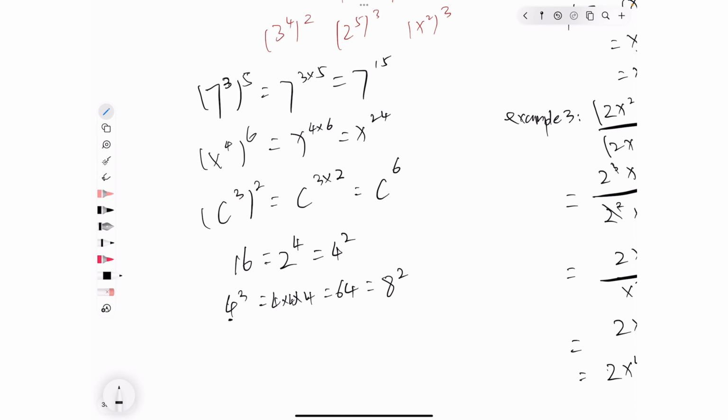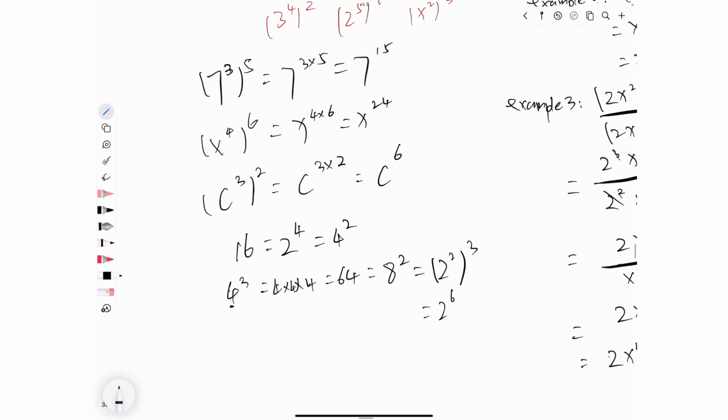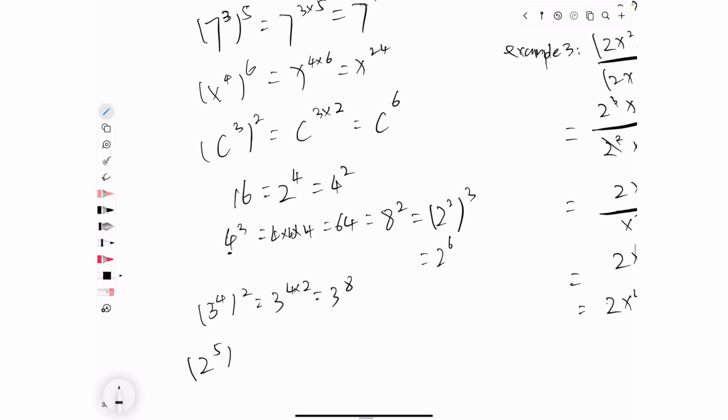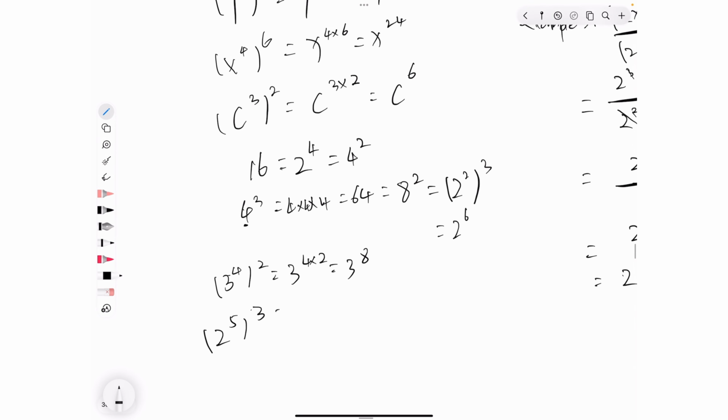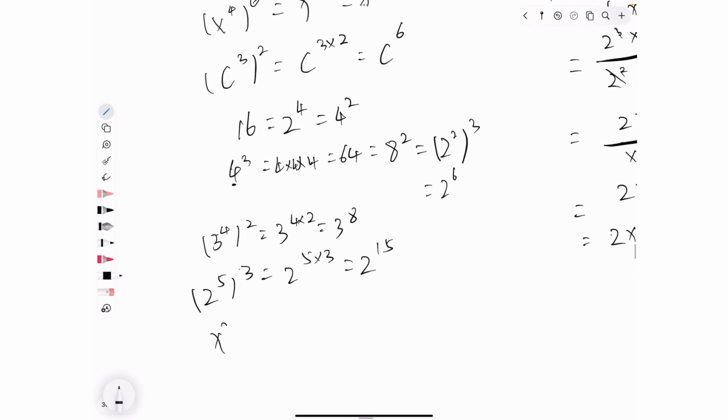Because 4 is 2 squared, so it's 2 squared to the 3, so it's 2 to the 6. 3 to the 4 to the 2 equals 3 to the 4 times 2, 3 to the 8. 2 to the 5, then to 3 equals 2 to the 5 times 3 equals 2 to the 15. x to the 2, then to the 3 equals x to the 2 times 3 equals x to the 6.